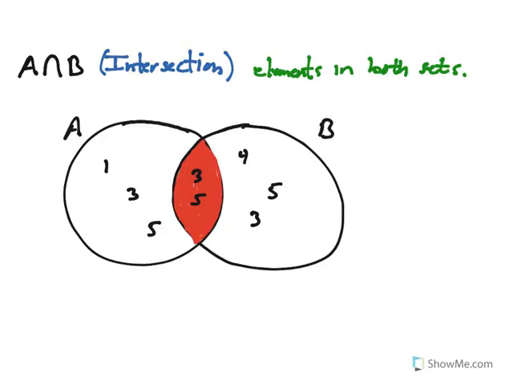So the intersection would be 3 and 5 in the red region, okay? Because you want elements that are in both sets, not just one or the other. Does that make sense? Okay, so that's what the intersection means, all right?